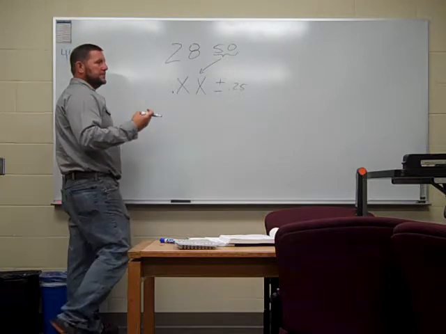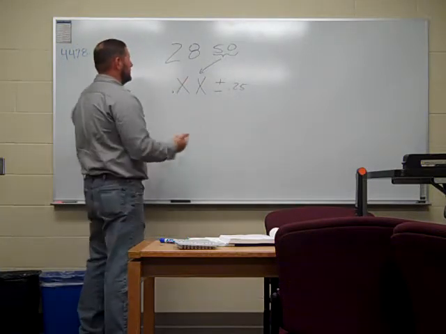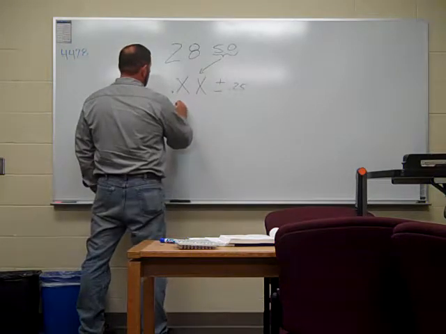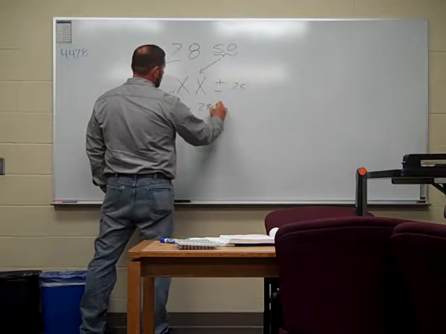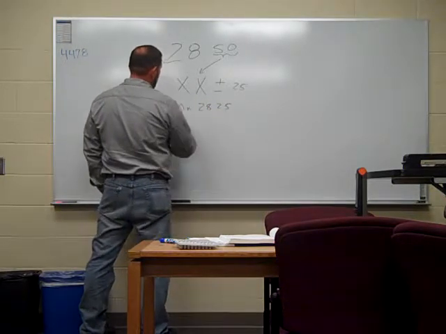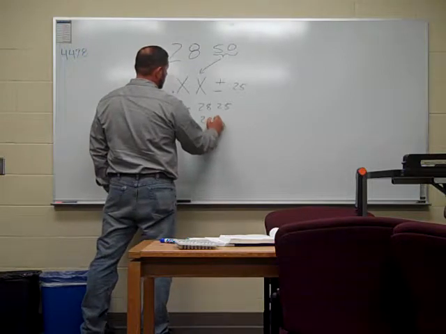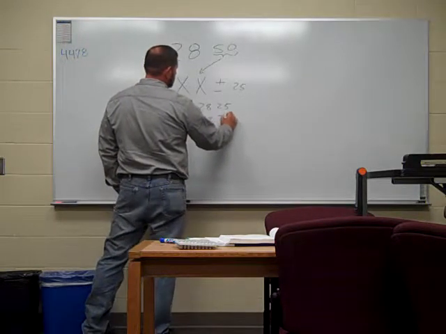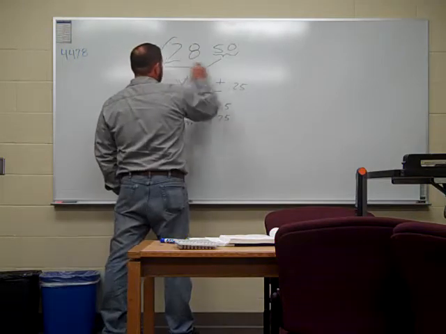A tolerance, because nothing is ever exact, gives you a range which it can fall into. So our minimum would be 28.25. Our max would be 28.75. So that's the range that this dimension can fall within.